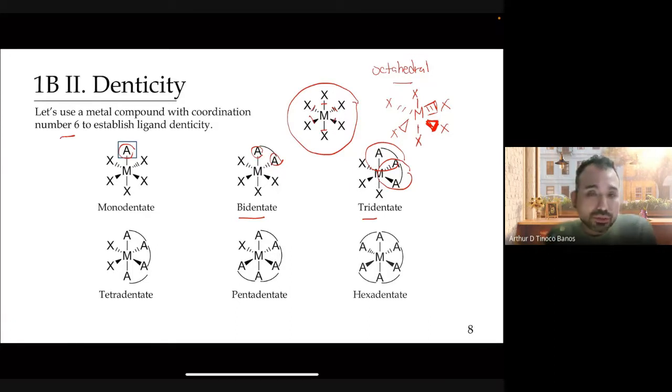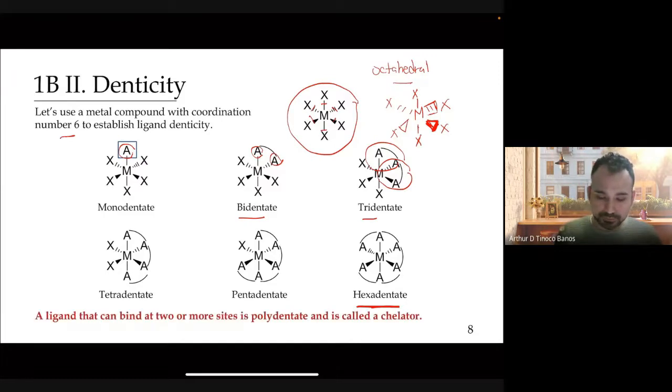I will note that just because a ligand has the capability of being, let's say, hexadentate, like we can see in this example, doesn't mean that in every case it will bind a metal at all 6 points. There could be a number of factors, steric factors, that can prevent a ligand from reaching its full denticity capability. All right, a really important distinction to make in terms of terminology.